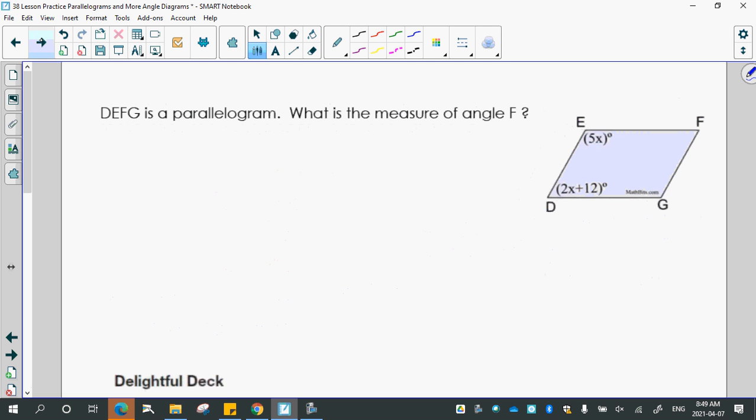DEFG is a parallelogram. What is the measure of angle F? This is a little bit trickier, but maybe not so much. Anyone have an idea what we could do?